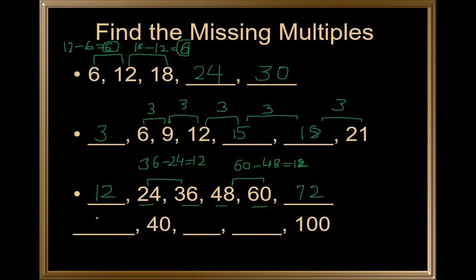So this would be the table of 20. 20 ones are 20, 20 twos are 40, 20 threes are 60, 20 fours are 80, and 20 fives are 100.